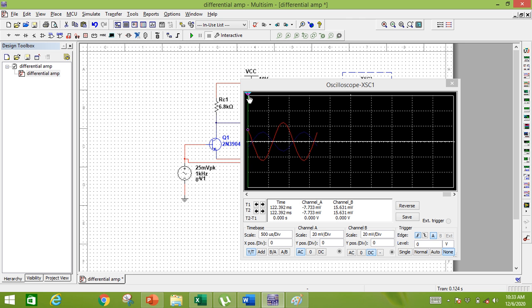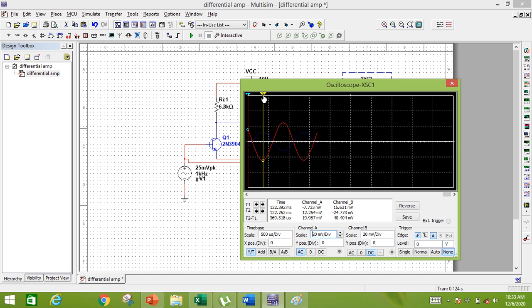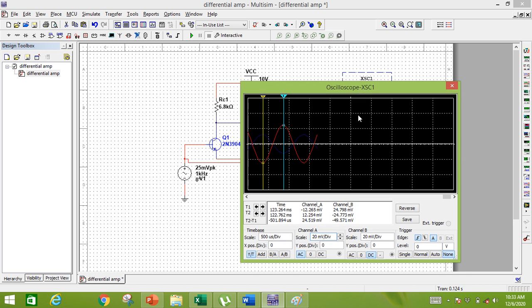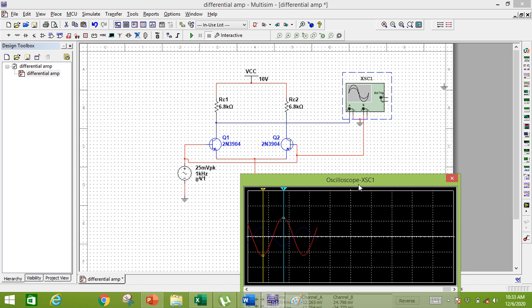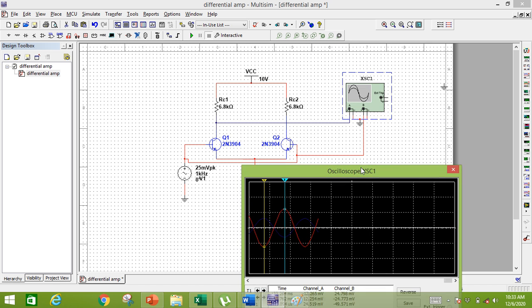Our input voltage is 50 millivolts and our output voltage is 25 millivolts. Channel B is connected to the input, whereas channel A is connected to the output.